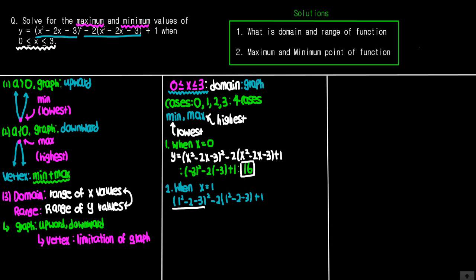Negative 4 squared will turn into 16, and then minus 2 times 1 squared minus 2 minus 3. 1 squared minus 2 and then minus 3 will turn into negative 4. But then we still have times negative 2, so this will turn into positive 8, and we still have our leftover, which we also need to count, which is 1. So this whole term will turn into 25.